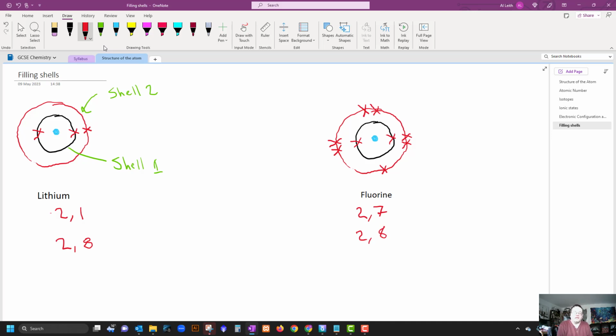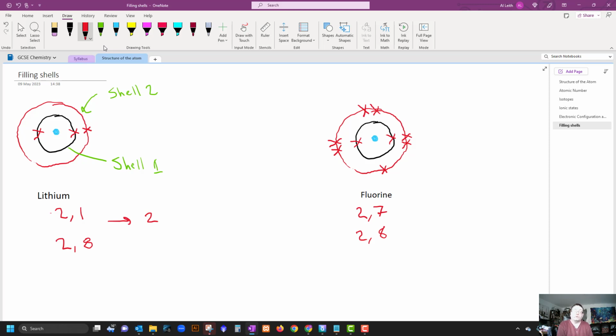So at the end of the day, what isn't feasible is for lithium to go to 2 and 8 because there's too much energy involved there. So it's going to be far easier for lithium simply to go to 2 and give that extra electron away. And for fluorine, well, fluorine's got a couple of choices too.